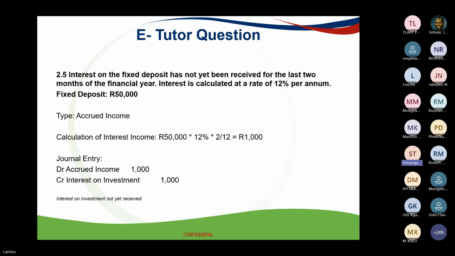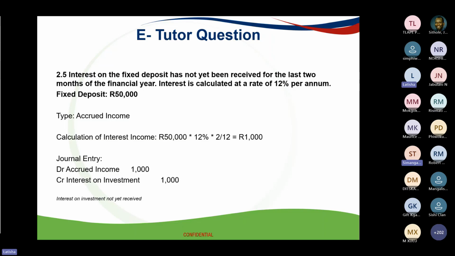We understand accrued income is an asset, and I would then also assume interest on investment should be some form of an asset or something positive, right? Yes, it's actually the income side of it.